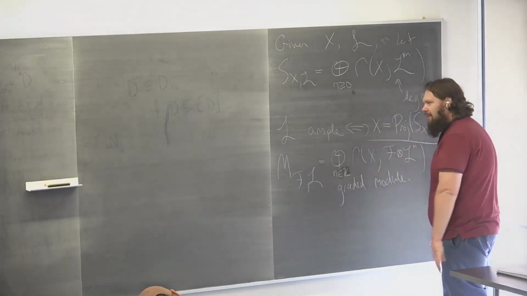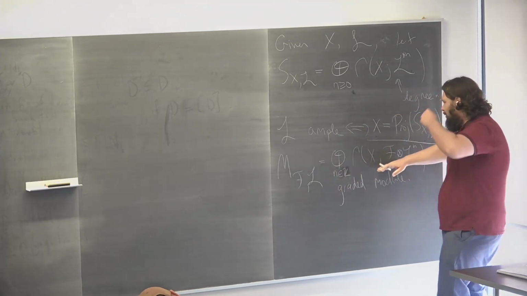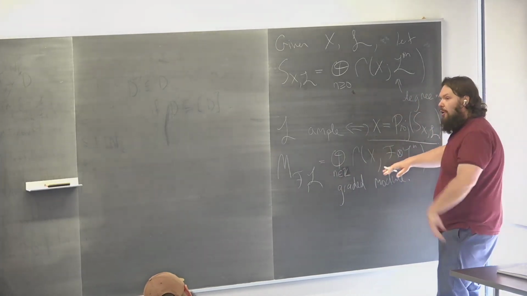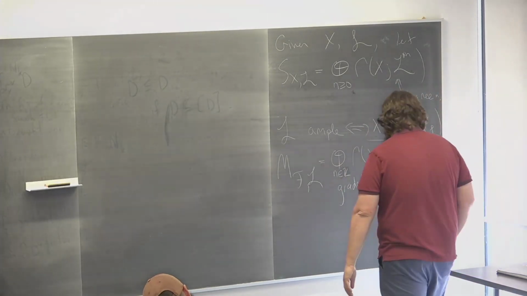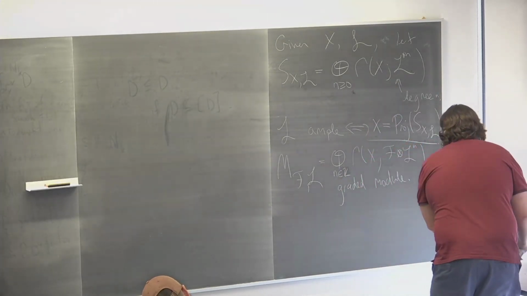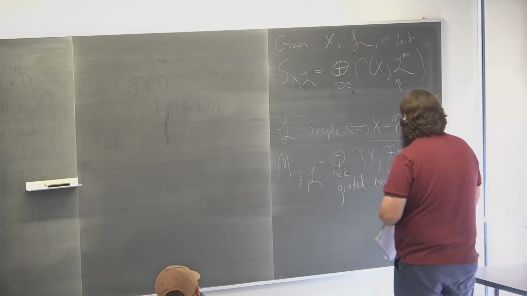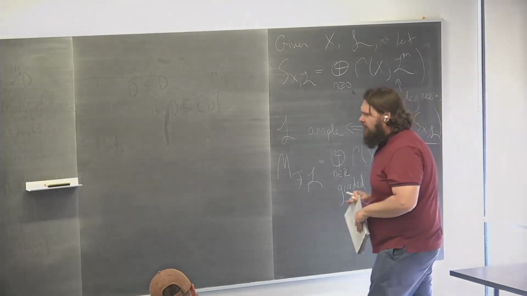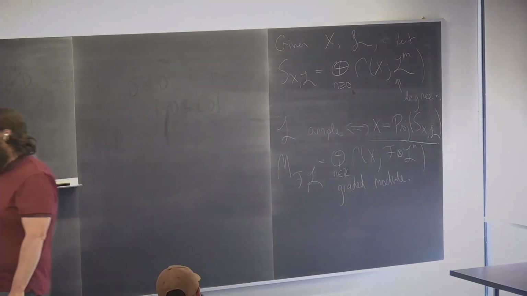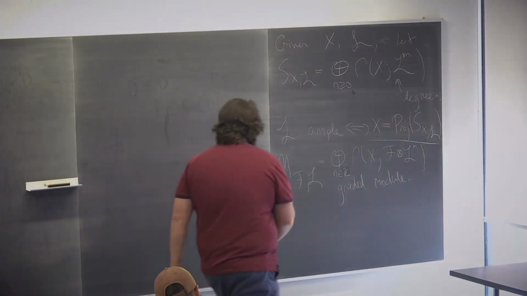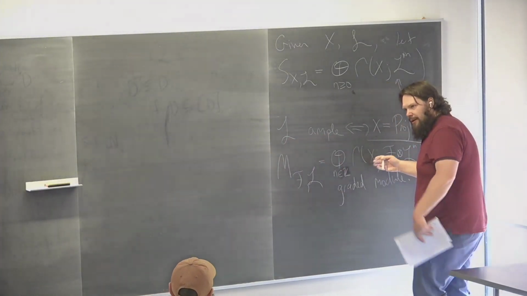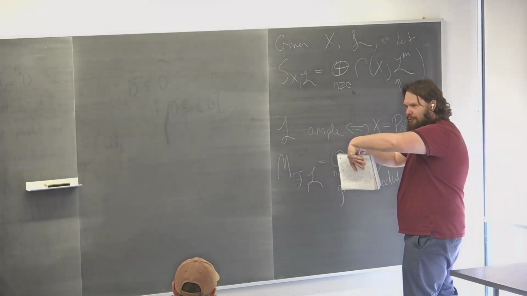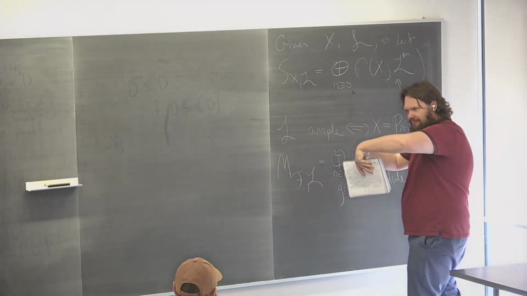I can put all n, but we also know that the negative degree guys don't affect the sheafification at all. All right, and so this globally generated hypothesis, that's essentially saying that if you take this module and then rebuild the sheaf from it, you'll succeed. You'll get the whole sheaf.